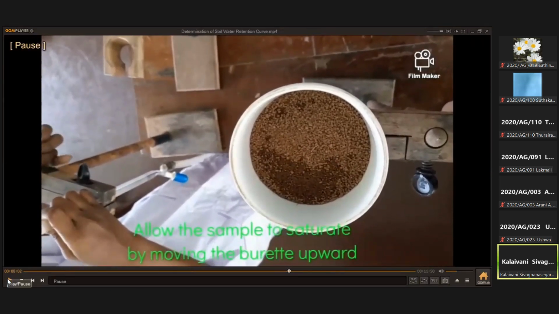Can you observe the soil has become saturated? When you raise the water column upward, the soil becomes saturated. That means when we change the matric potential using this water column, water enters into the soil. Then observe that.